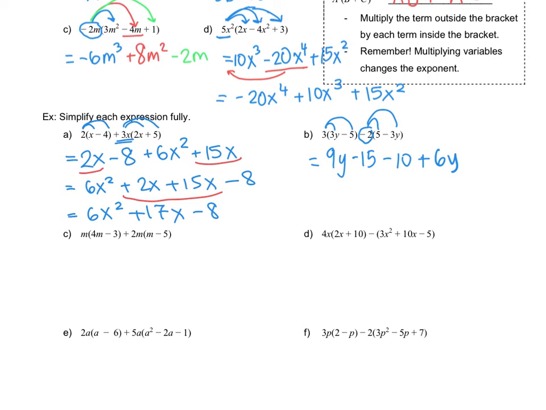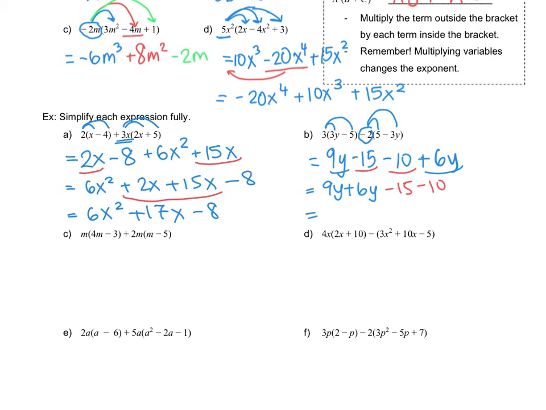And now time to collect. So the y's go together, and then the constants go together, noticing that both constants are negative and the sign will move with it. So I have 9y plus 6y, and then negative 15 and negative 10.